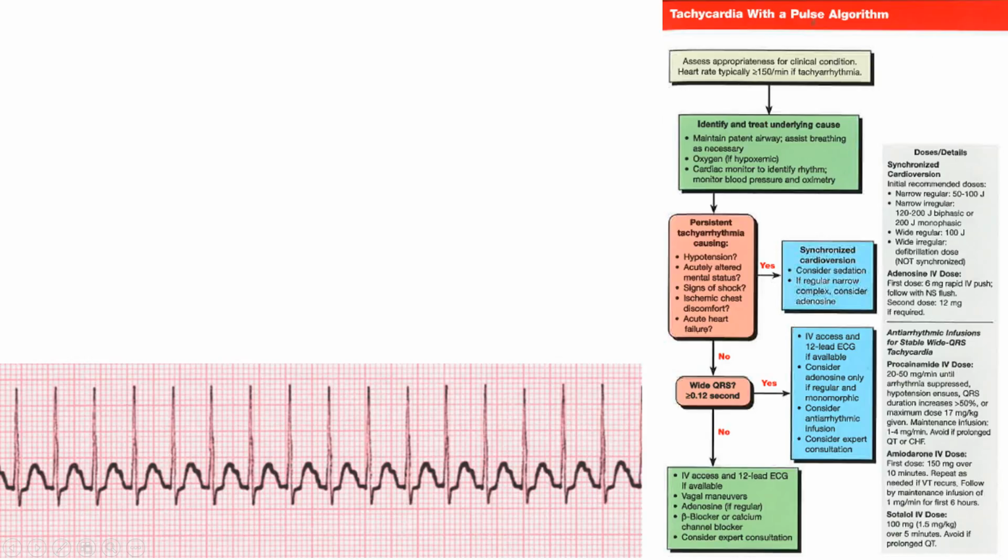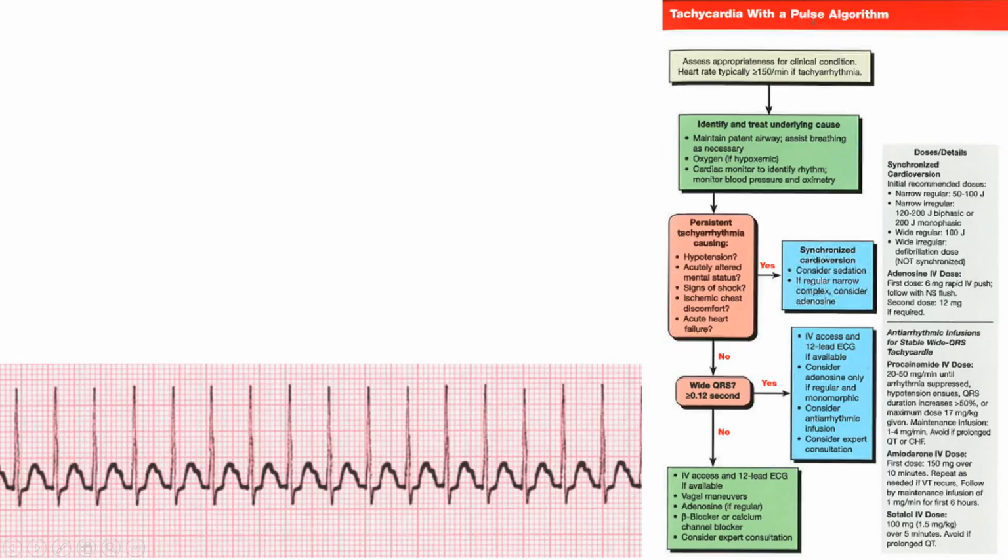Wow. Okay, and if hypotension ensues, in other words, if it goes from a normal pressure to really low pressure, you want to do this until the arrhythmia is suppressed, hypotension ensues, or QRS duration increases.